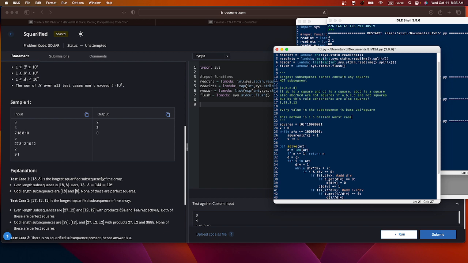This is a 1.5 billion worst case, isn't it? We're doing n to the 1.5. I mean, if this is Meta Hacker Cup, this works, but yeah, I don't think many operations will fly.